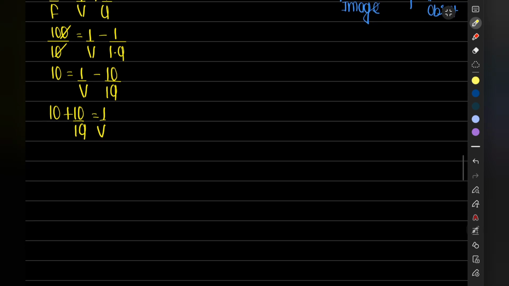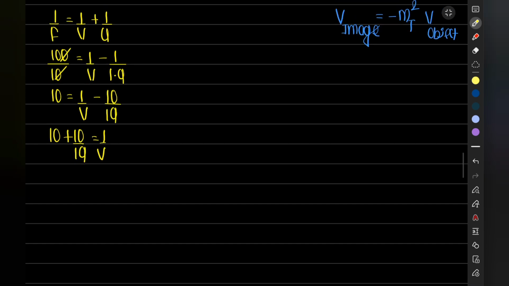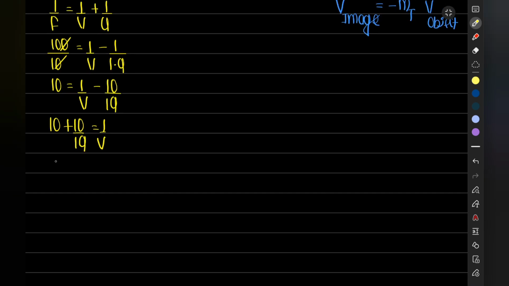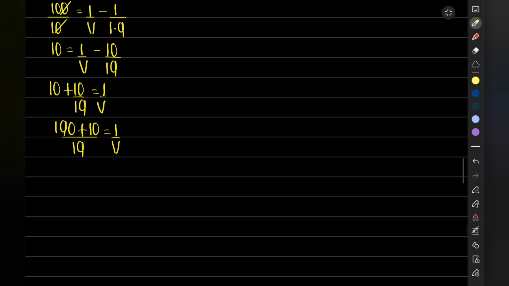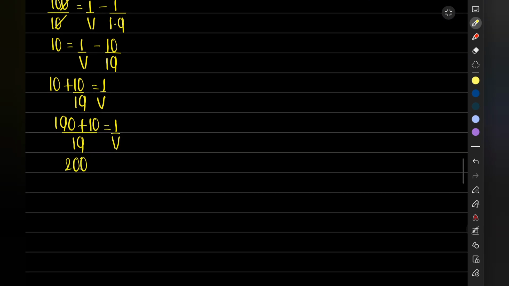Next thing will be cross multiplication, or we can take the LCM also. After taking the LCM, it becomes 190 plus 10 by 19 is equal to 1 by v. It means 200 by 19 is equal to 1 by v.